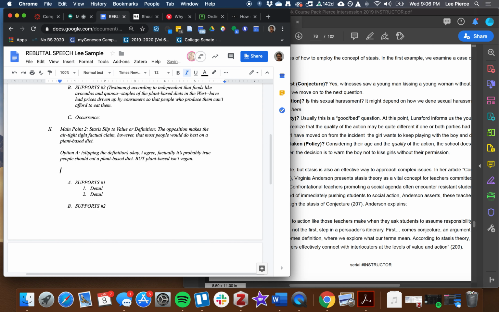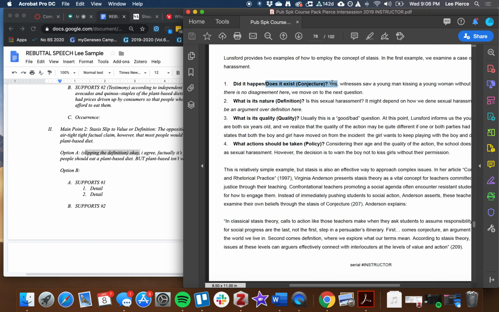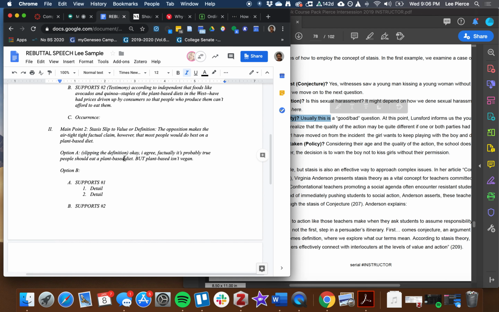Option B, all right? If you can't slip to the definition, so you can't win on fact, you can't slip to definition, your policy's already the thesis, what are you left with? Quality, right? You slip to quality. So option B is slipping the quality. So again, weighing values, right?